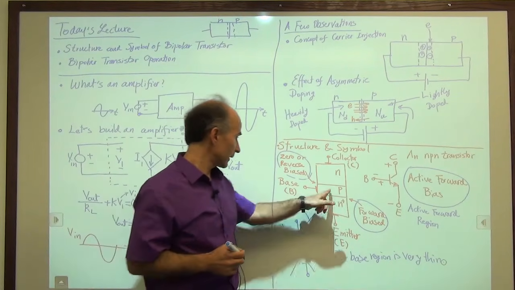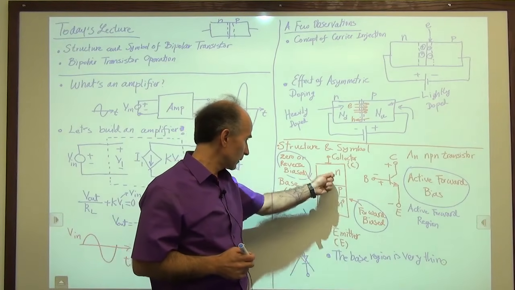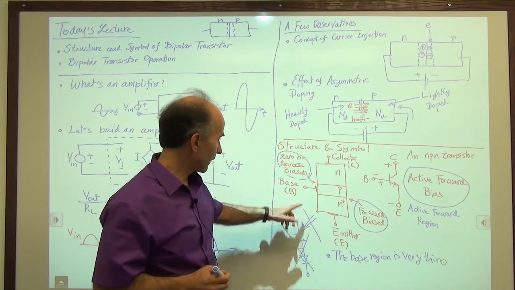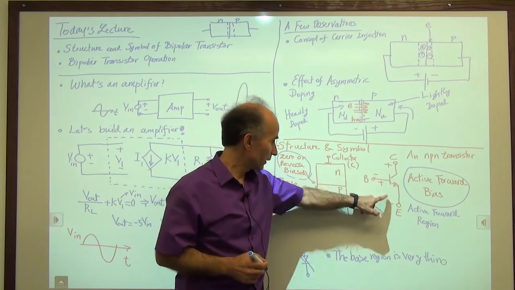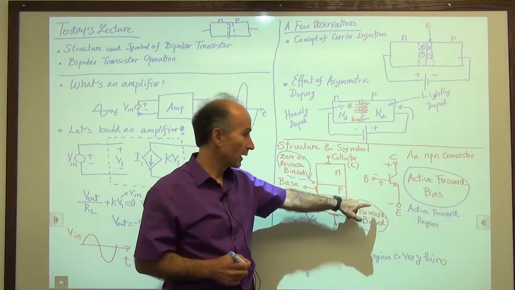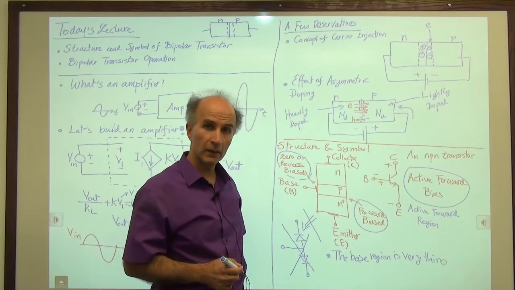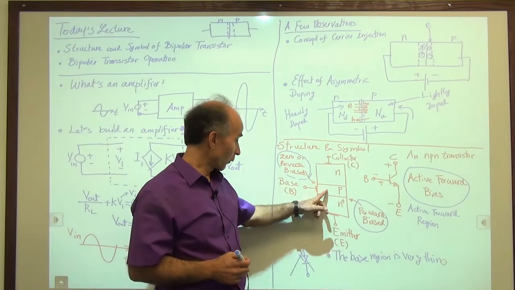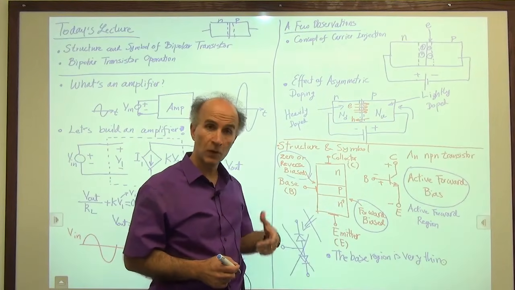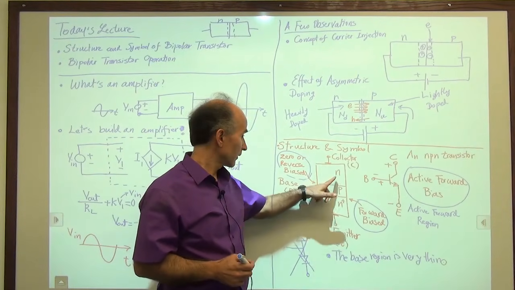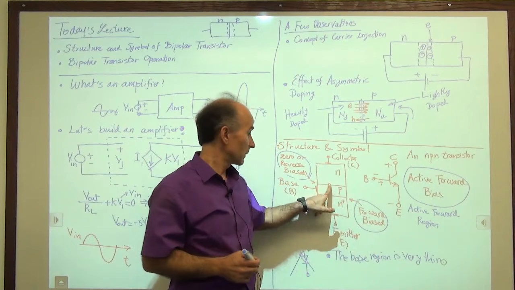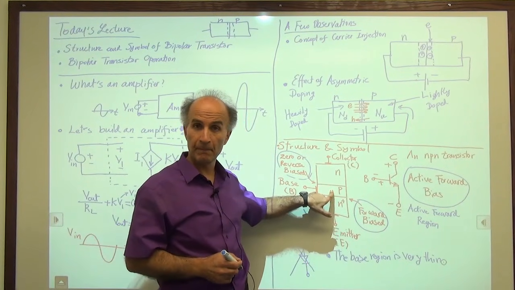So we want to go inside here and study what's going on. When I have a forward bias according to what I said before, and maybe a reverse bias here, what happens? Well, forward bias means there's a current flowing, so that's good. Reverse bias means no current flowing.